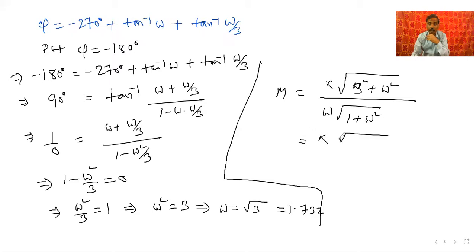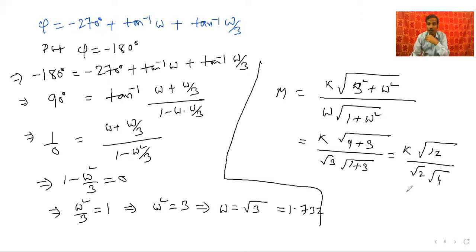K into root over 9 plus 3, divided by root 3 into root over 1 plus 3, which is 4. K into root 12 divided by root 3 into root 4.